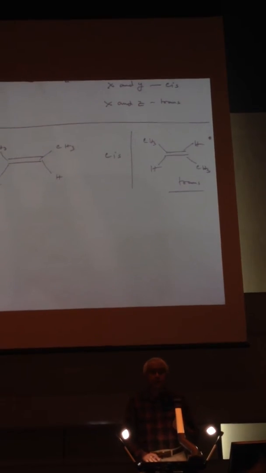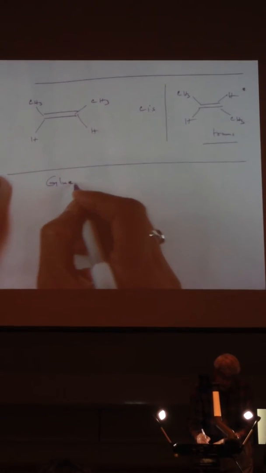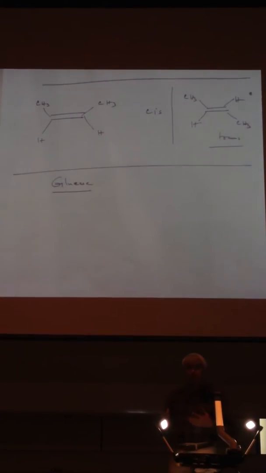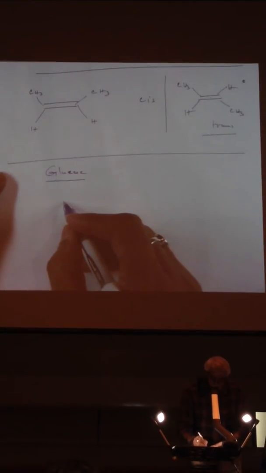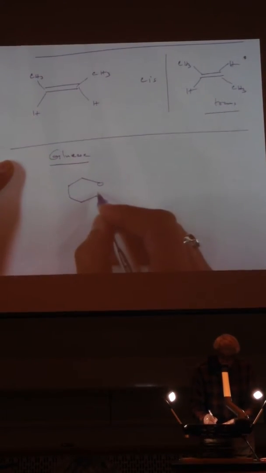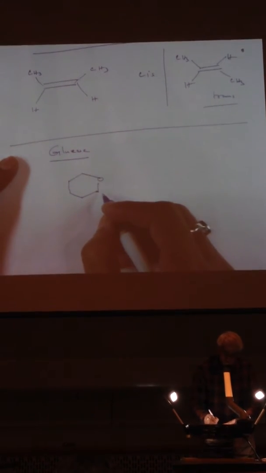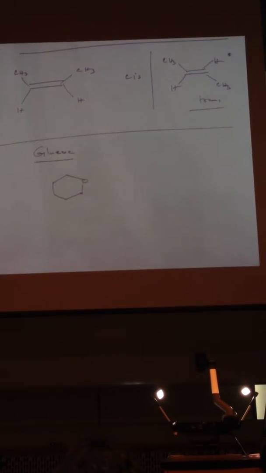Now, actually let me give you an example of a structure of glucose. One of the structures of glucose, it's a 6-member ring, a pyranose. This is actually one part of your problem.